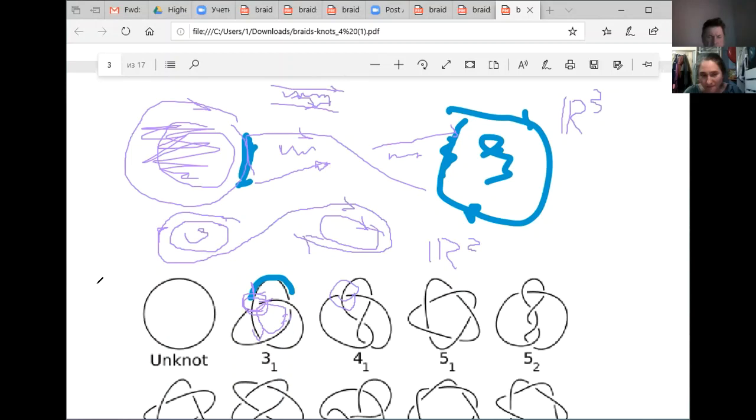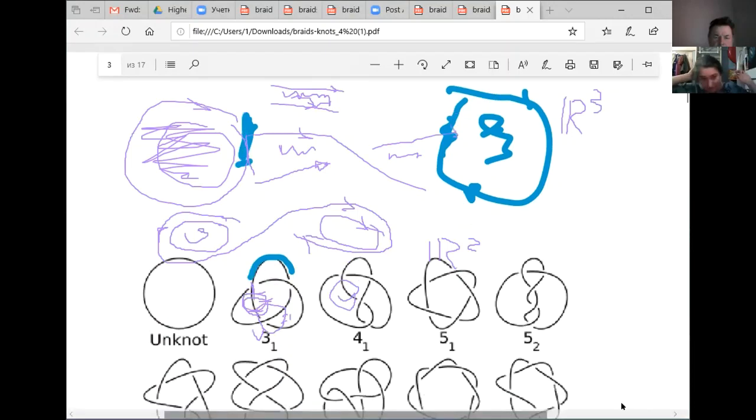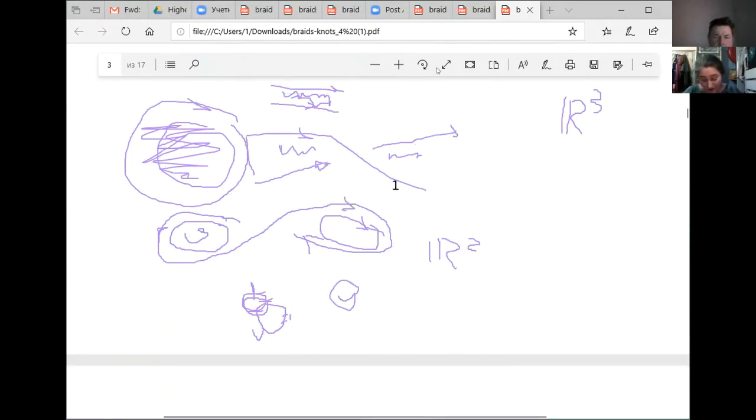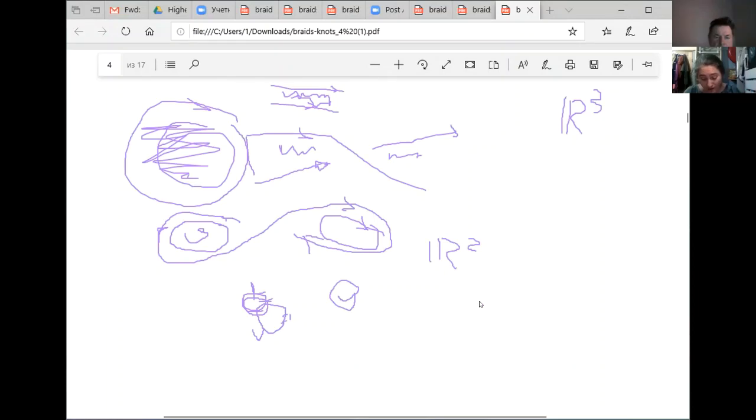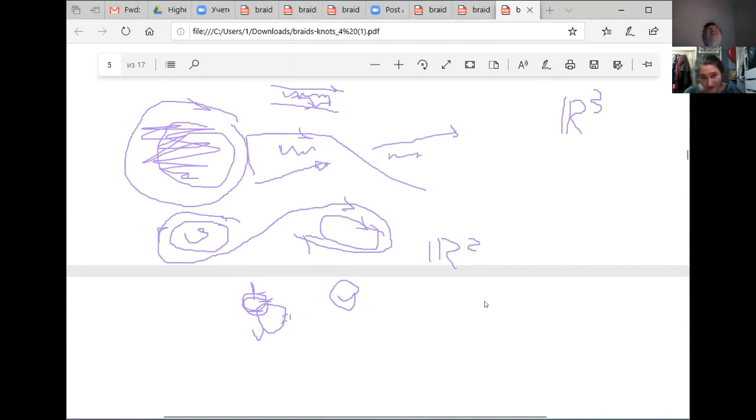Let us look at the theorem. It's an example for 3-1. We have 2 circles inside and outside. Yes or no? It depends. Yes. So look. Excuse me.